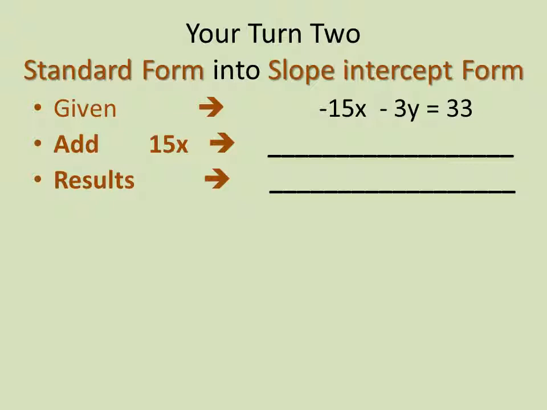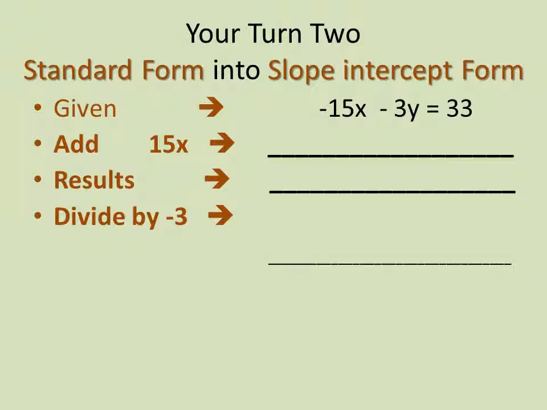Now look at this new equation. We still want to get this into slope-intercept form, and it isn't there yet. What do you think you need to do? Did you say divide by negative 3? You're correct, because the coefficient that goes with the y term is negative 3.